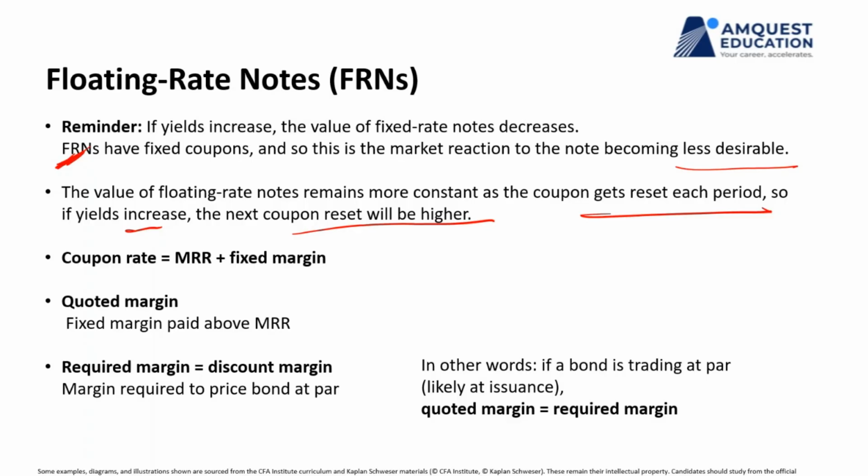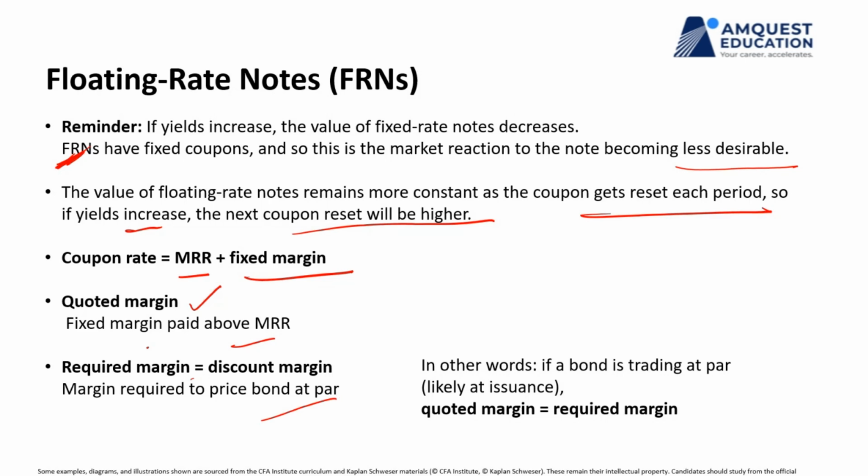How do we decide the coupon rate? When we were doing types of fixed income securities, we said there is a reference rate, and to this reference rate, we add a fixed margin. This margin is called the quoted margin paid above MRR, and the required margin is the margin required to price the bond at par.